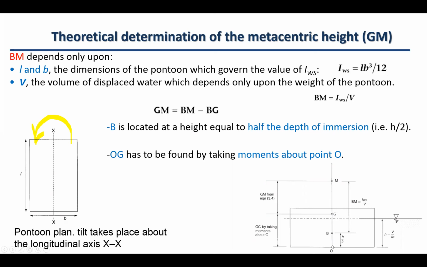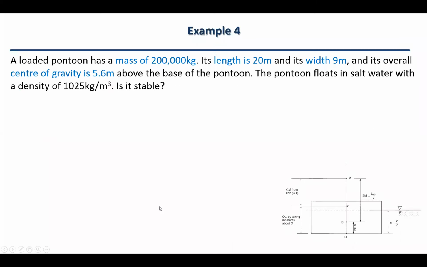Once we have that, if you subtract it from the OB, you can easily calculate the BG. And once you have the BG, take the difference of BM and BG, BM minus BG, it's going to be equal to the GM, which is the point that we're going to calculate. Let's look at one example here.